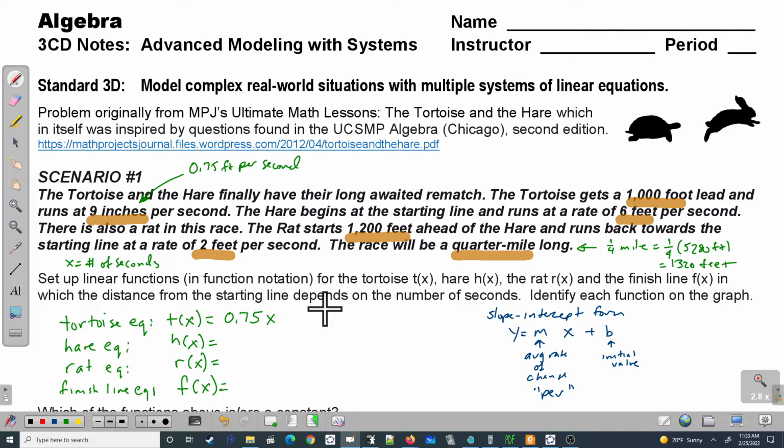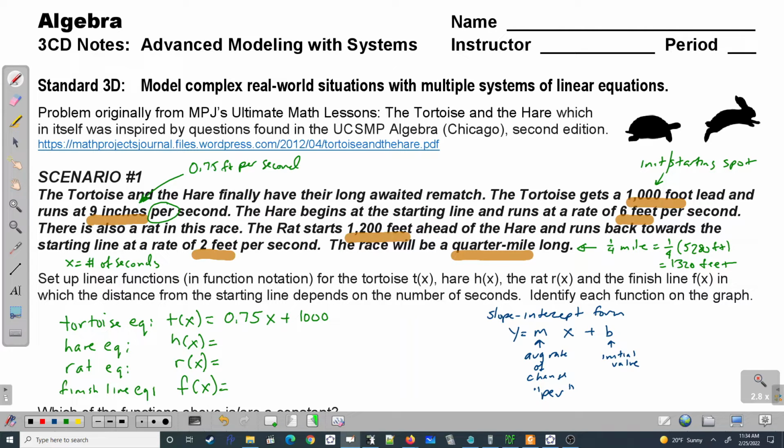Now, that's the rate the tortoise is changing, but now I have to know where he or she started. And in this particular case, the 1,000 foot, this would be my initial starting spot. So I'm going to add 1,000 to the tortoise's distance. That's how I would set up this particular equation. Per is a good word for finding your rate of change.